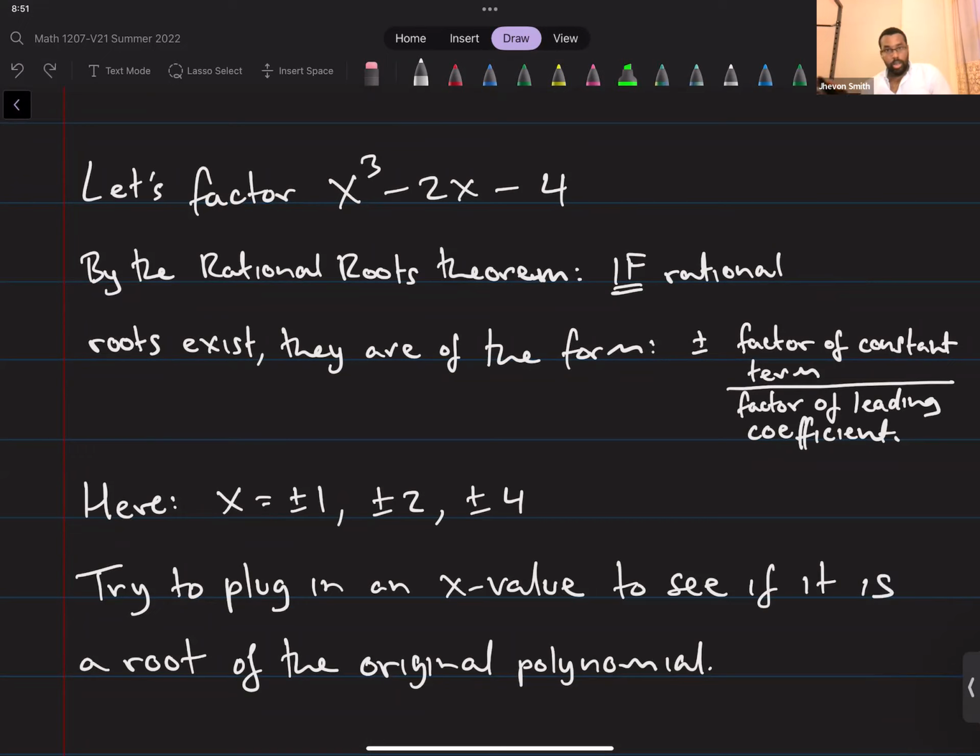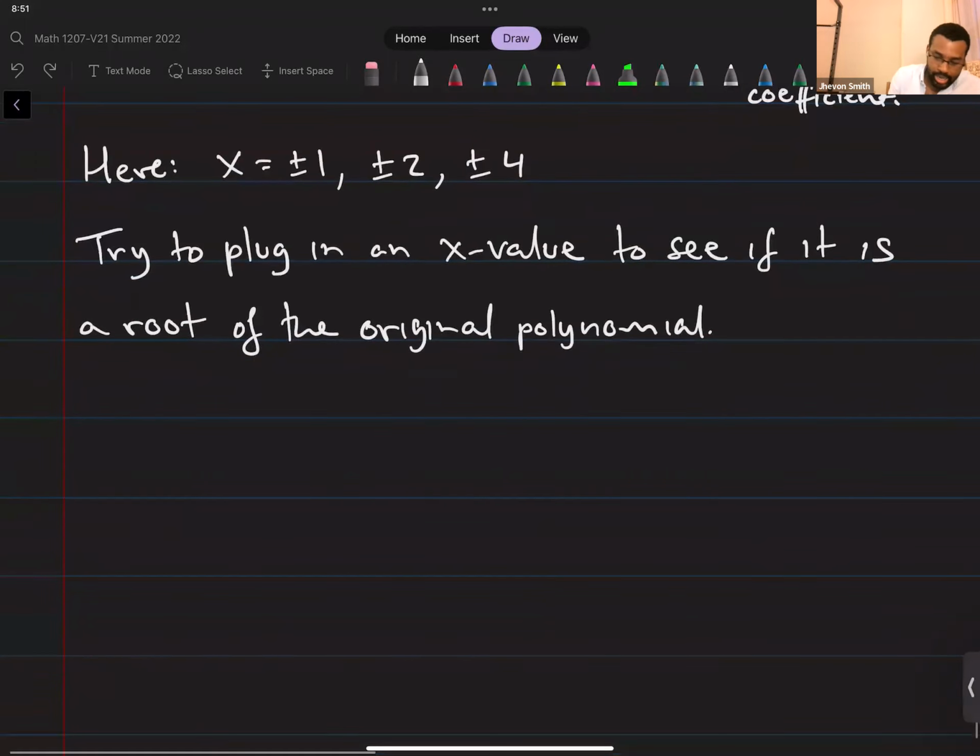You can start with the easiest one. For example, positive 1. If I plug in positive 1 for x, does this give me 0? I would get 1 minus 2 minus 4. No. Negative 1, does that give me 0? No. What about positive 2? I would get 8 minus 4 minus 4. So that actually works. So notice that x equals 2 works.